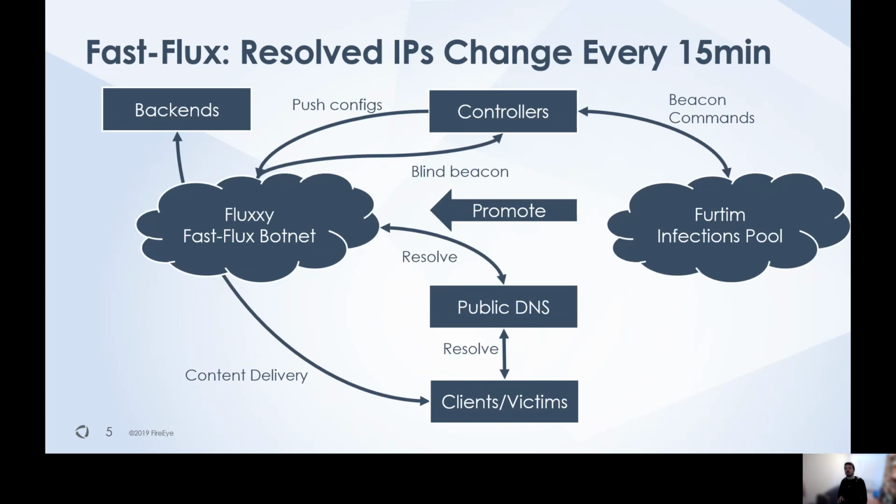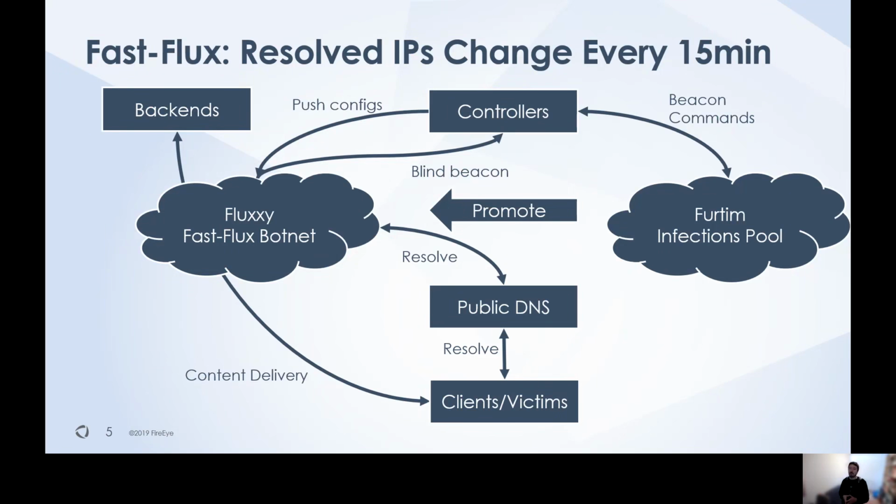So this summarizes what I explained. When you want to access a server that is hosted on Fluxxy, first, you resolve a domain name associated with that server over public DNS.